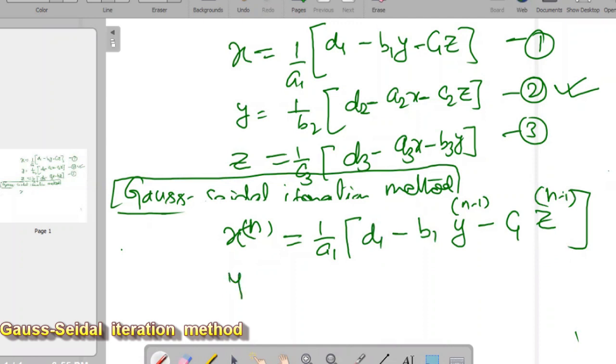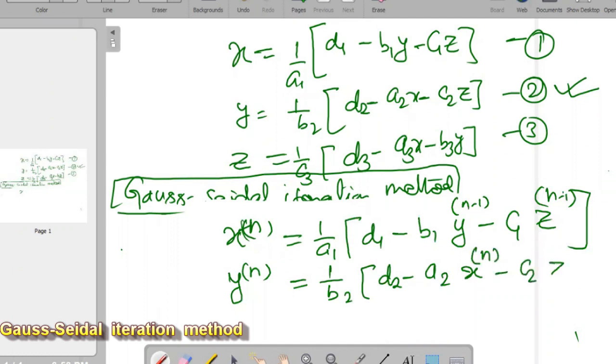So the value of y in the nth iteration, we find as 1 by b2 times (d2 minus a2x, where we use the value of x from this iteration, so we write here xn, minus c2z). We use the value of z from the (n minus 1)th iteration.